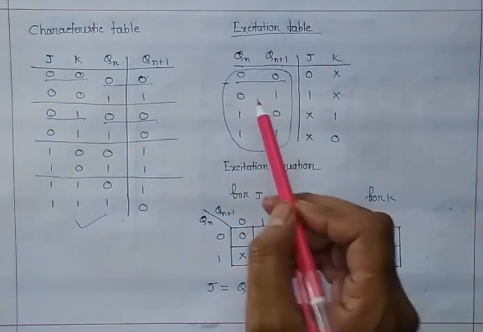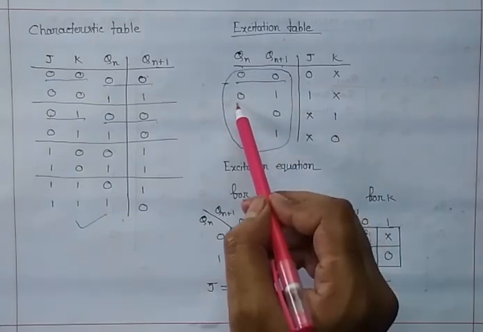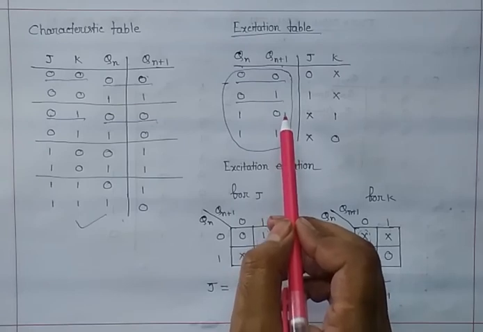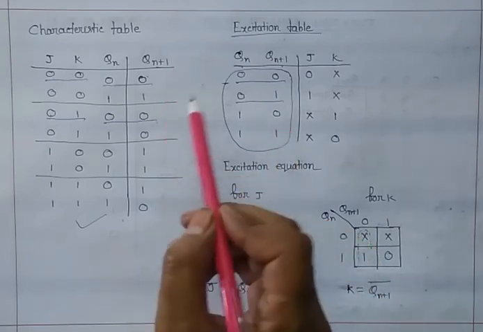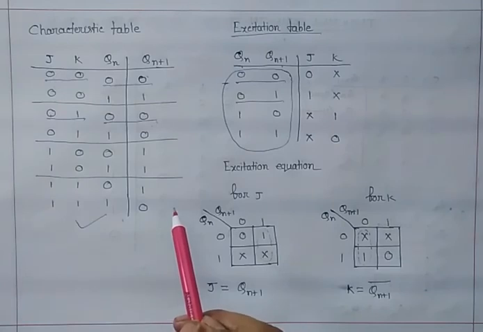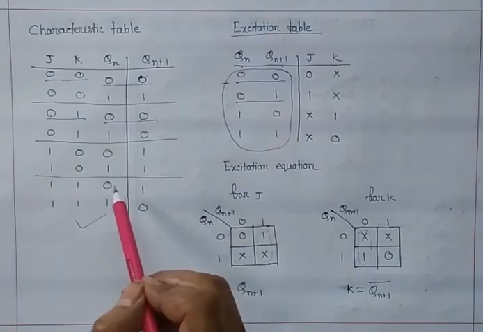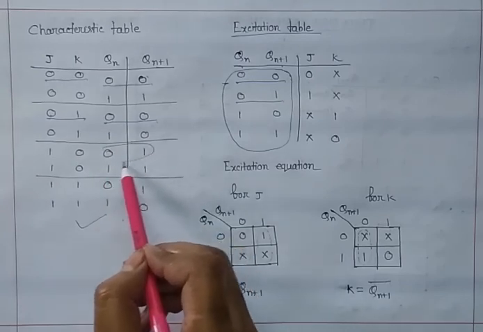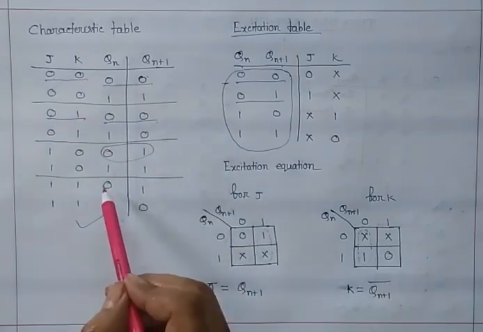Now take the value of input 0 1. That means Qn equal to 0 and Qn plus 1 equal to 1. That means Qn equal to 0 and Qn plus 1 equal to 1 for this line and this line.